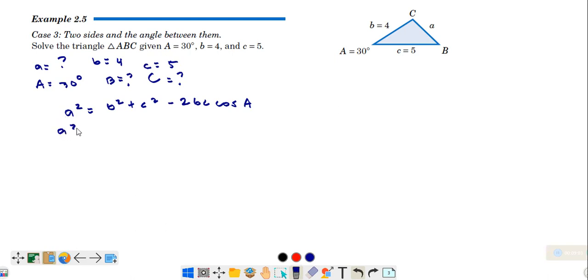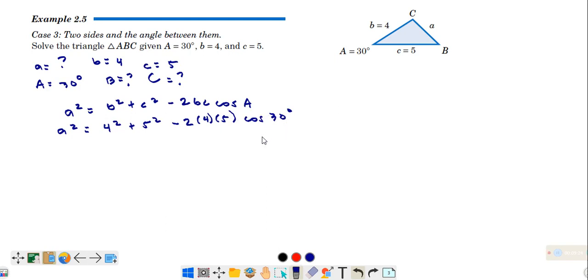So, A squared, nawawala. B squared, may value. 4 squared, substitute tayo. C, 5 siya. So, 5 squared minus 2 BC, 4 times 5. Cosine 30 degrees.